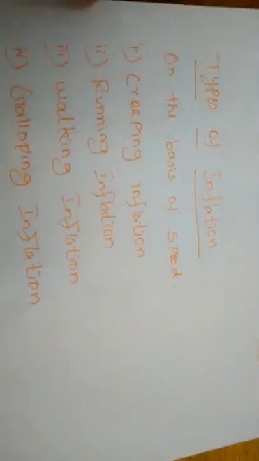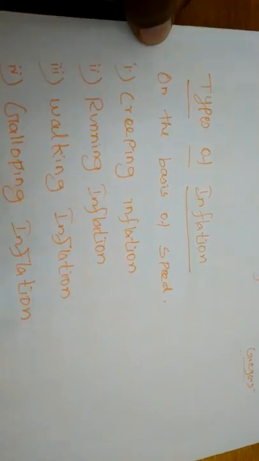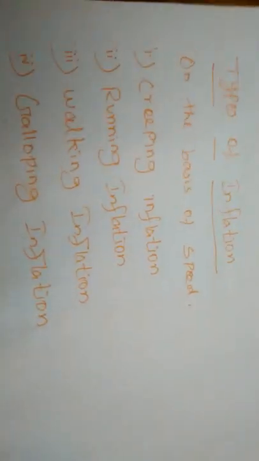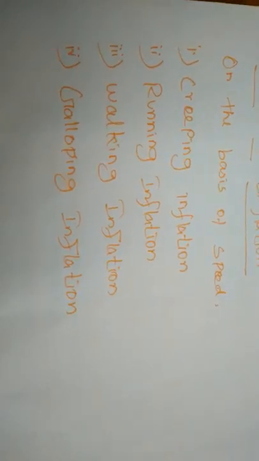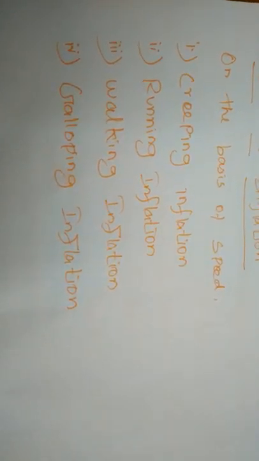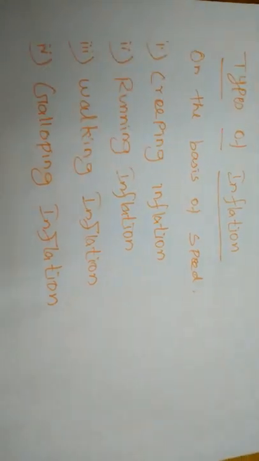Okay. So now we can study the types of inflation. On the basis of the speed of increasing the price level, we can classify inflation into four types. Okay. The first one is creeping inflation. Creeping inflation is slow moving and very mild inflation.